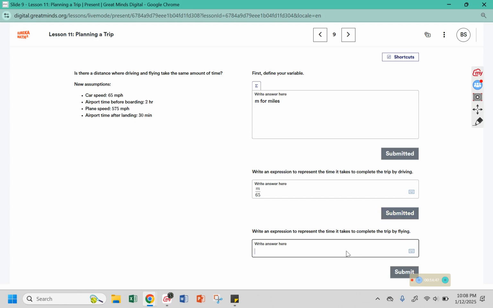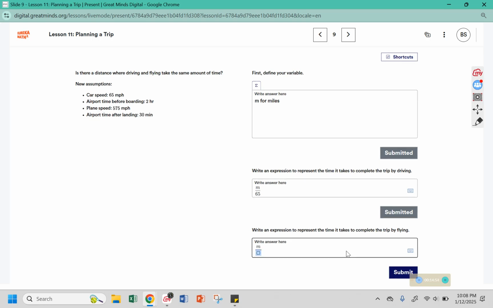Write an expression that represents the time it takes to complete the trip by flying. Well, the miles would still be divided by the speed, but this time I have to add the 2 hours for the boarding, and 30 minutes is a half of an hour.